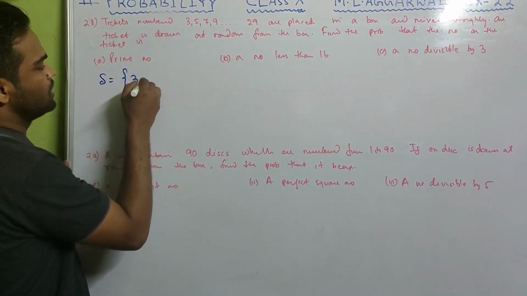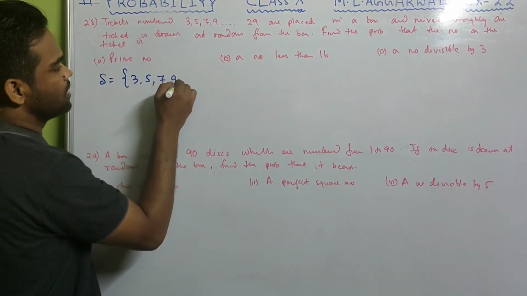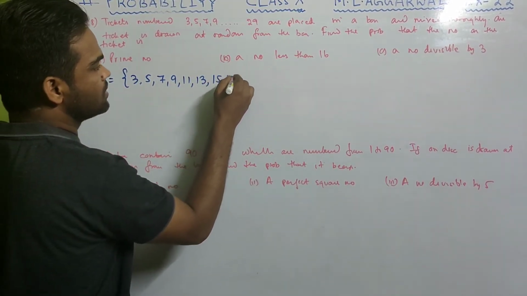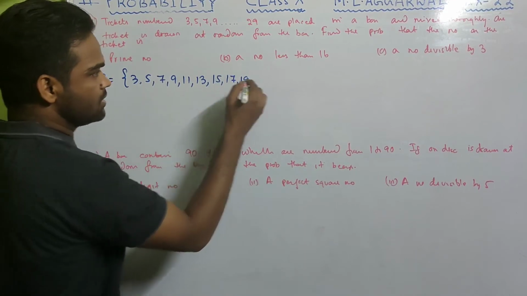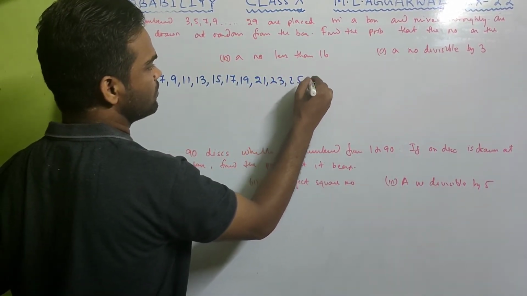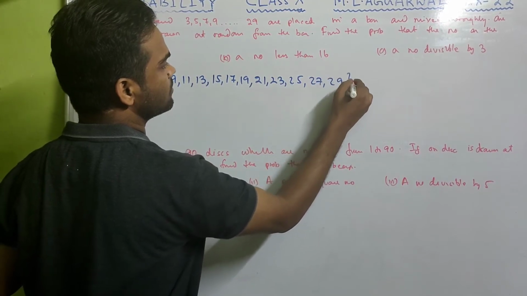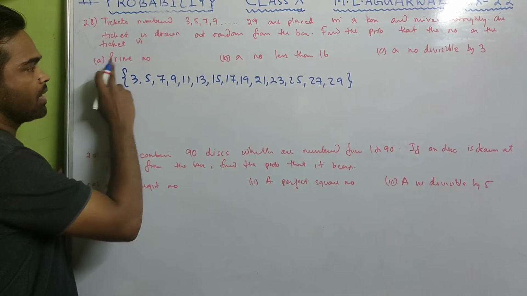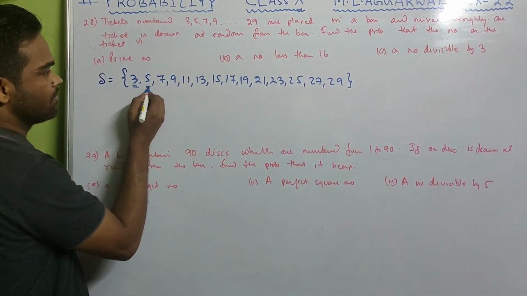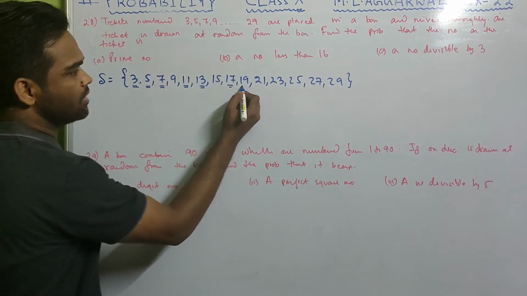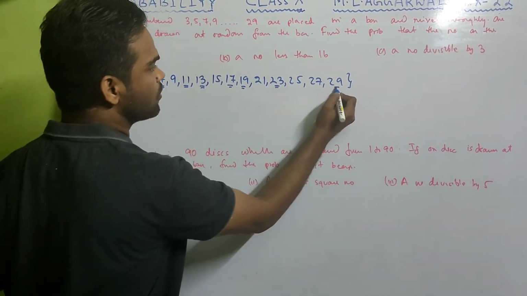It will be 3, 5, 7, 9, 11, 13, 15, 17, 19, 21, 23, 25, 27, 29. That's the sample space. The first part, prime numbers: 3, 5, 7, 11, 13, 17, 19, 23, 29.